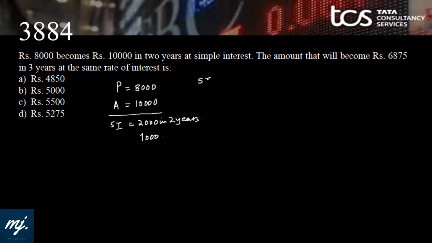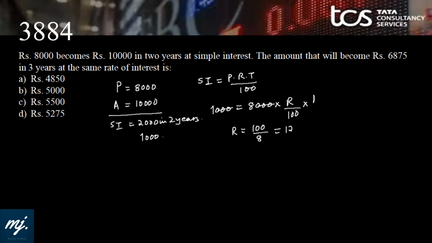Now we know the formula for simple interest, that is PRT by 100. Principal is 8,000, rate we don't know, and time is 1 year. So the rate is actually 100 by 8, that is 12.5%. We can keep it as 100 by 8.